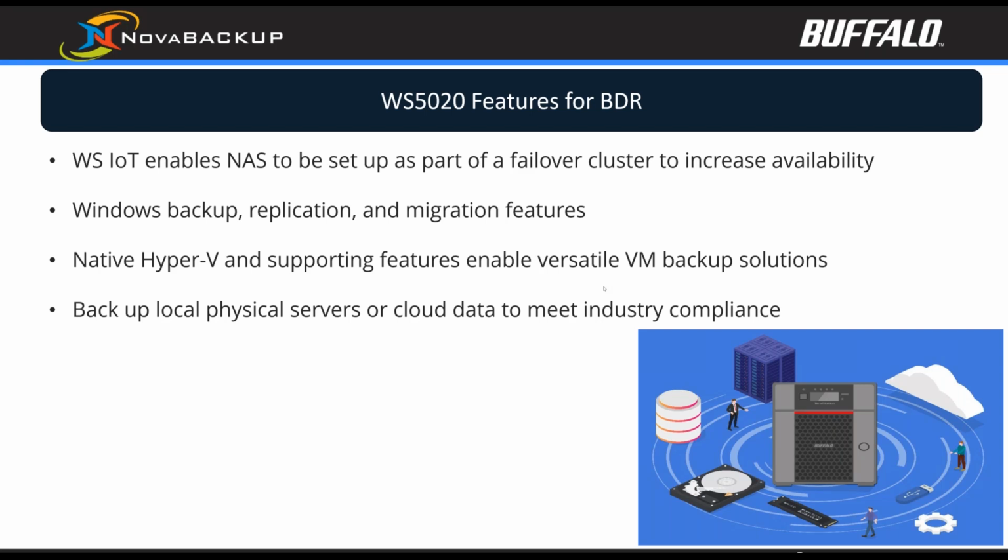And we're seeing a lot of clients do this, using the Windows Server IoT NAS to back up both Windows servers and cloud data as well, because it can back up a great deal of data seamlessly from Windows Server. A lot of times it allows them to bypass cloud storage altogether, so they don't have to deal with monthly subscription costs and things like that.